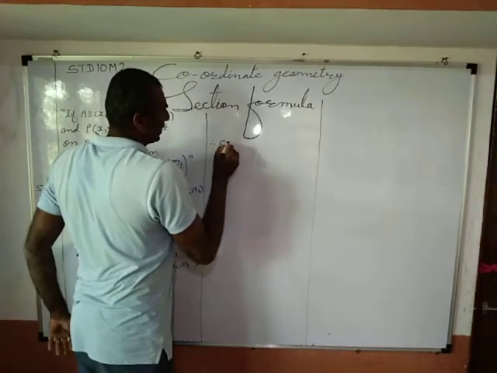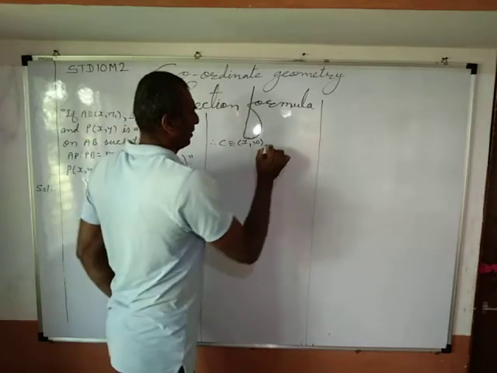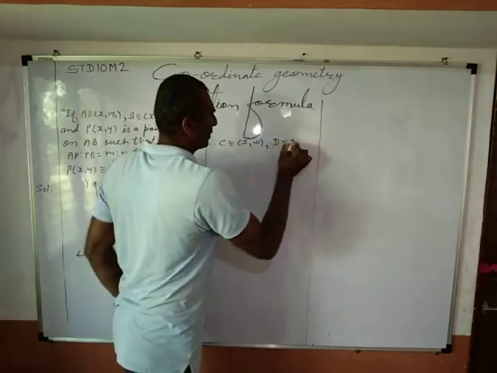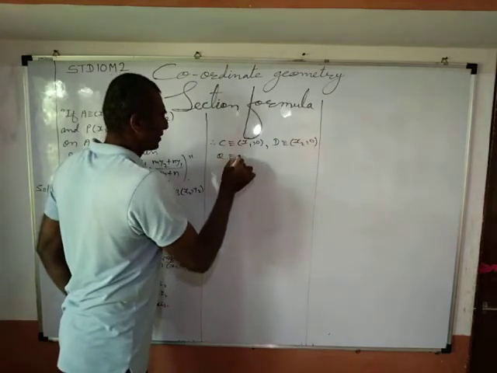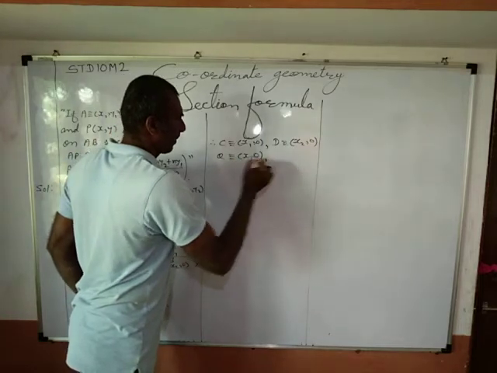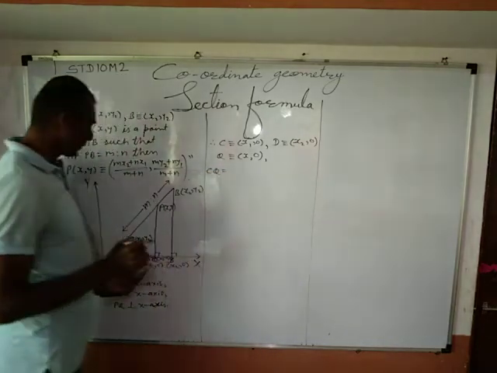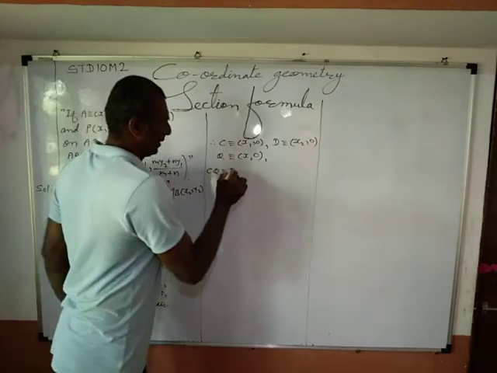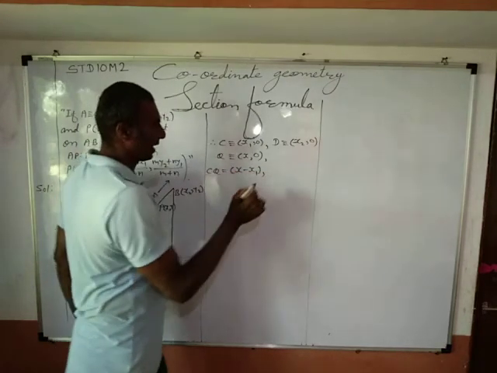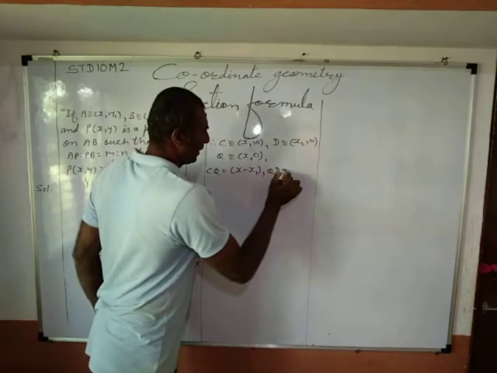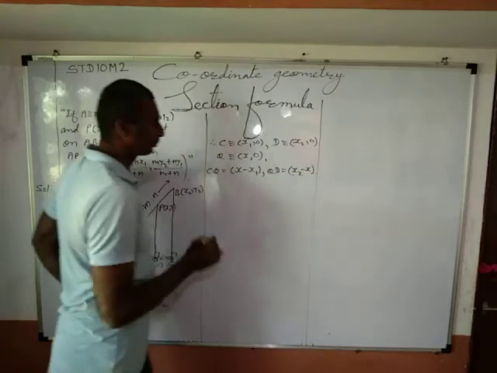Therefore, C is (x1, 0), D is (x2, 0), Q is (x, 0). Then CQ equals difference between their x coordinates, that is x minus x1. Similarly, QD equals x2 minus x.